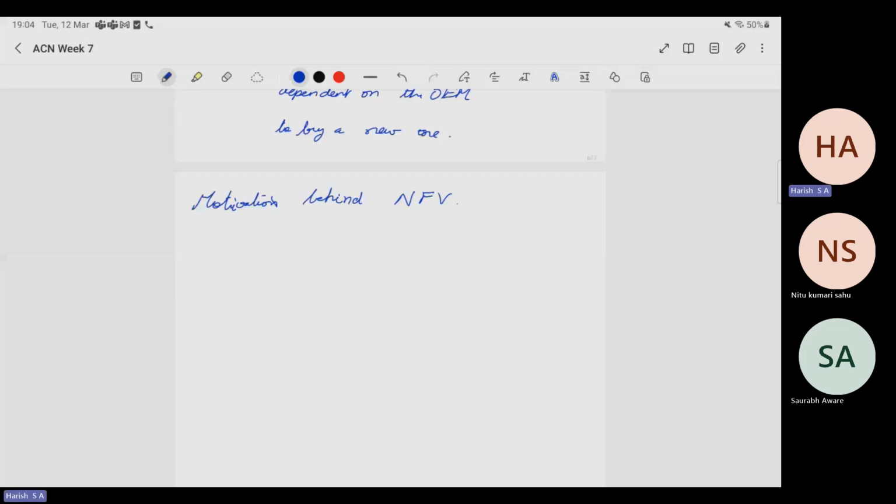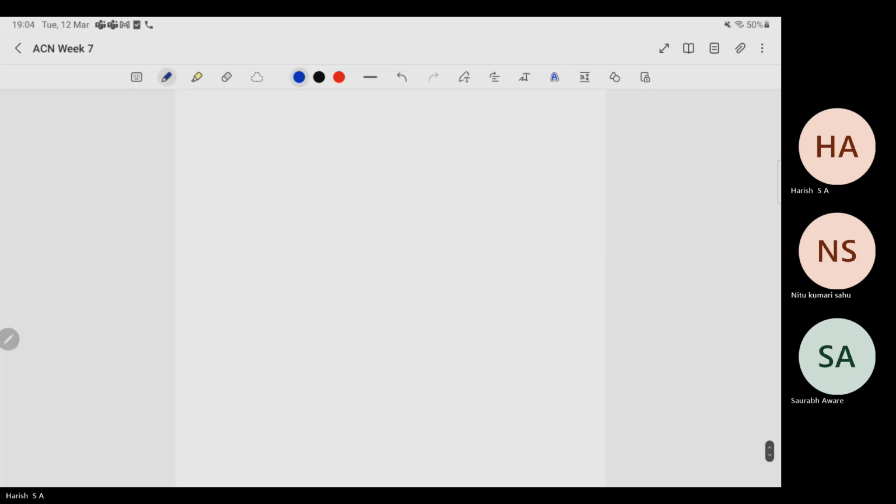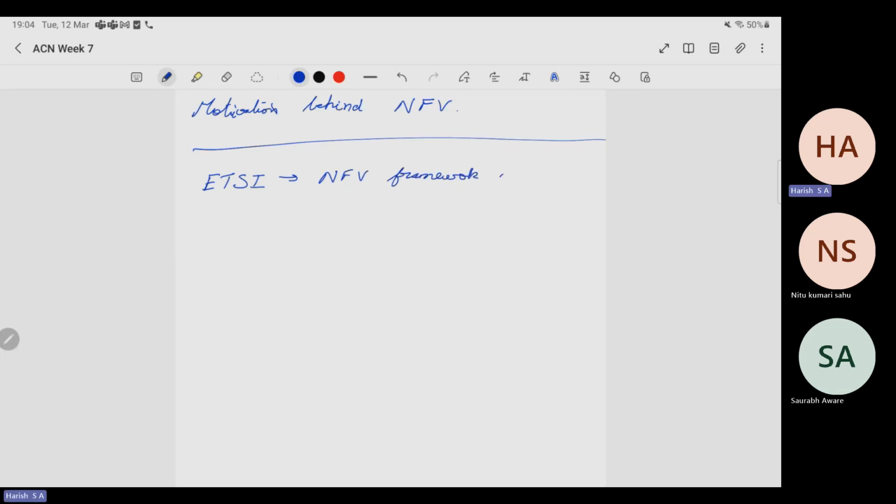So we'll just go over the NFV framework requirements. There is a body called ETSI who has come up with NFV framework requirements.